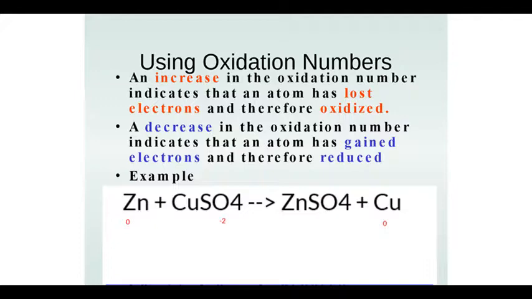Also, oxygen is usually -2. There is really no exception to that rule, except hydroxide or peroxide, hydrogen peroxide, which this is not that situation.